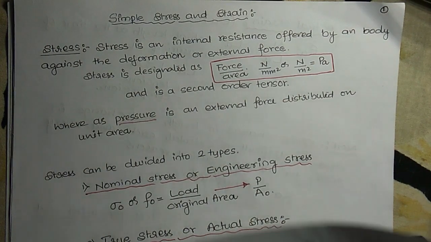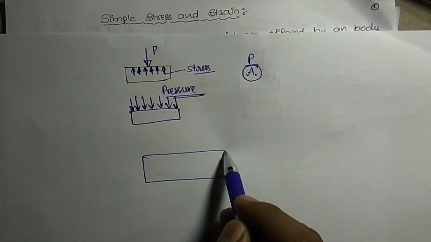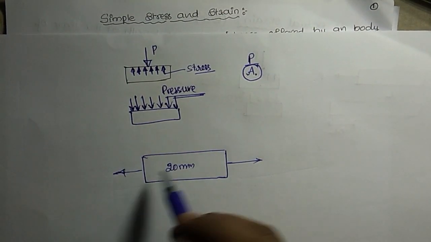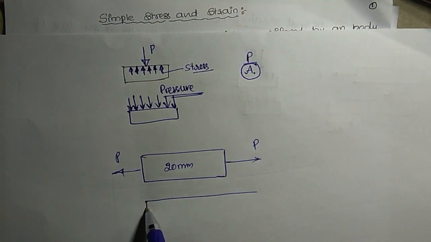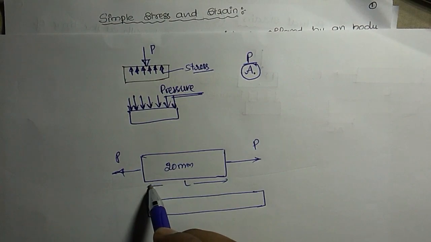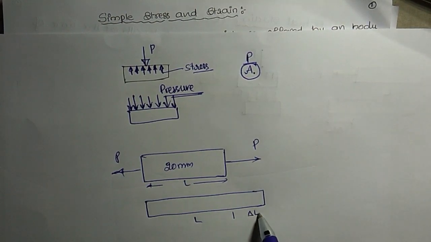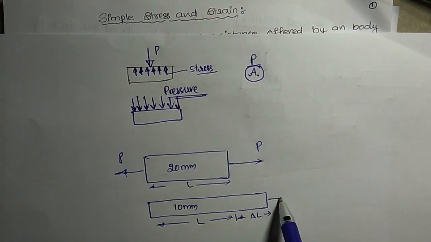For example, if you have a rod of diameter around 20 mm and you apply a force, say P, the bar is going to increase its length in the length direction. If this length is L, it has increased from L to L plus delta L. In the meantime, the diameter has been reduced. For example, this may be 20 mm and this may be 10 mm. This may be an example.